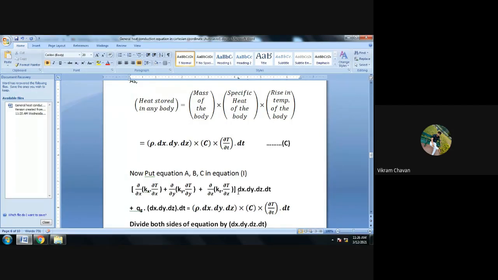We have taken common from this bracket in equation A dx multiplied by dy multiplied by dz multiplied by dt, plus part B, that is the heat stored in the element.